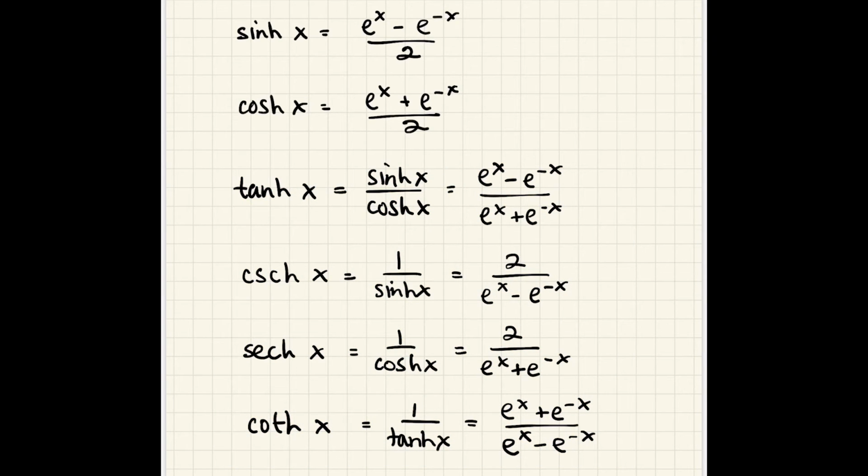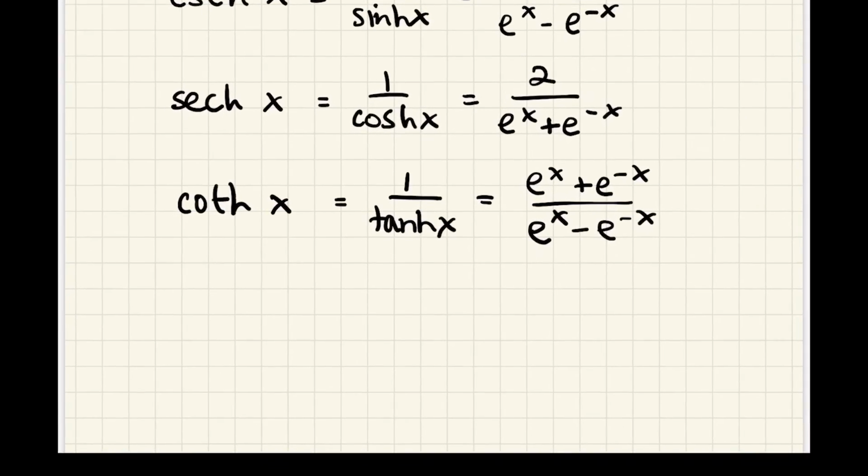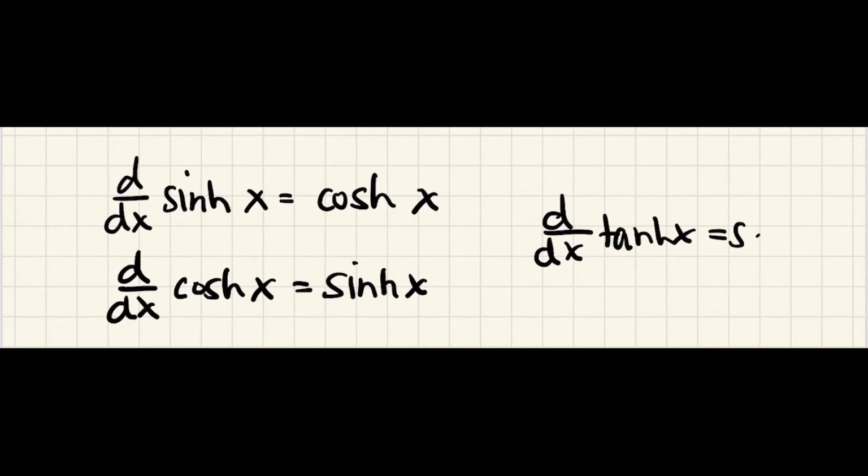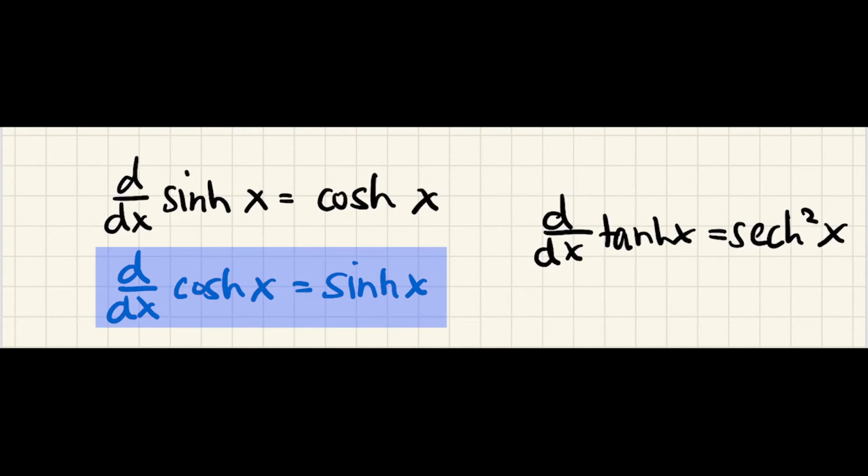Now, a few derivatives that are worth knowing here are that the derivative of sinh is cosh, the derivative of cosh is sinh, and the derivative of tanh is sech squared. These are all very easy to predict based on your knowledge of trig. And there we are. All right, so note that there is no negative for the derivative of cosh. It comes out to positive sinh, not negative sinh.